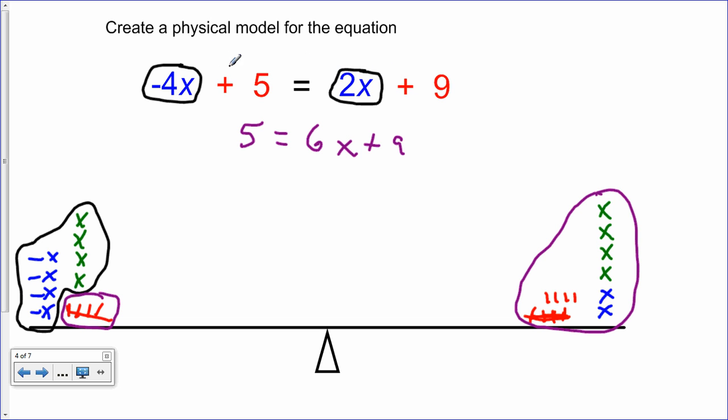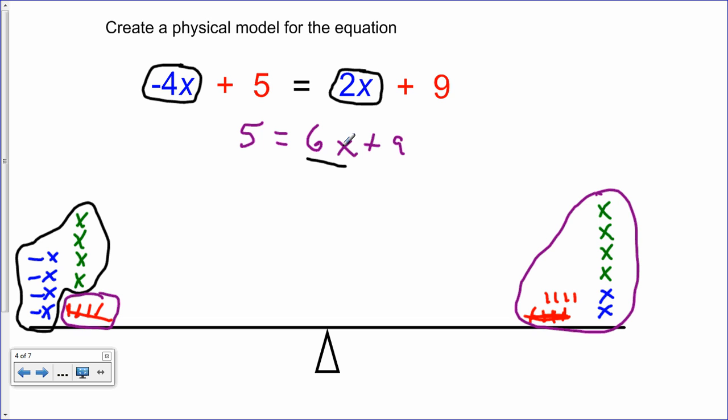Which side of the equation has more x on it? Well, the right side has more. You might say, oh, 4 is more than 2, but we're not comparing 4 and 2. We're comparing negative 4 and 2. And 2 is 6 greater than negative 4.